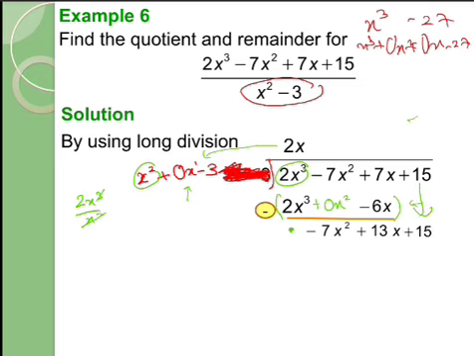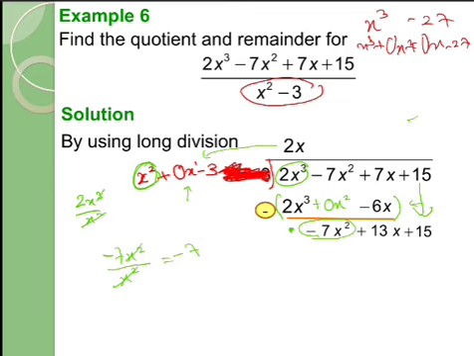Should we stop here? Well, we cannot stop yet because the degree of our remainder now is negative 7x squared, which is the same degree as our divisor. So we cannot stop until the degree of the remainder is 1 degree less than the degree of the divisor, which is x power 1. So we can still continue on solving this.